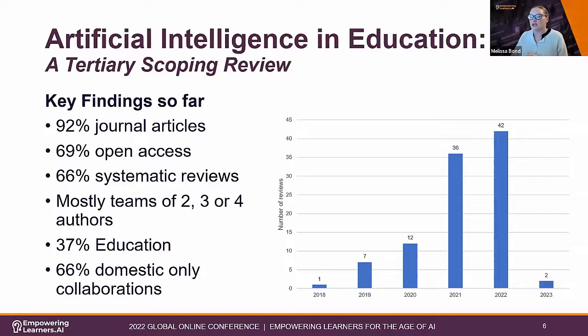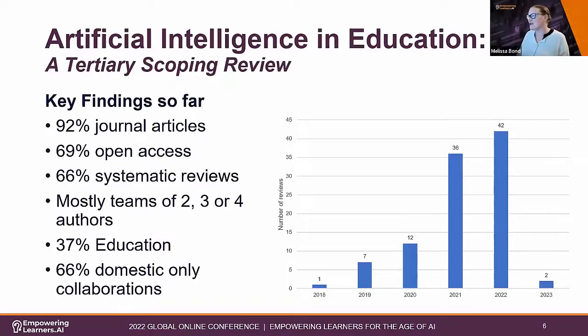Most of the author teams are 2, 3 or 4 people. And it was pleasing to see that for most of the first authors, the highest percentage in terms of discipline where these first authors are primarily based was actually education, which was a finding we didn't find when we did that AI in higher education review in 2019.